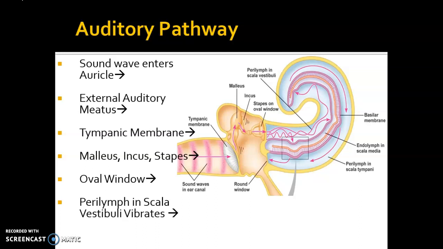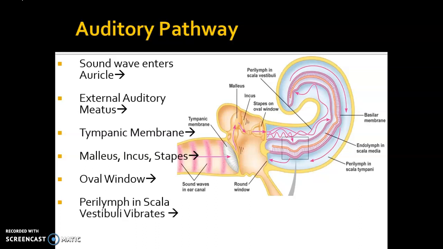So let's focus on the picture. On the left hand side, we see the external auditory meatus. We also see the tympanic membrane, and we see the middle ear. If you look at the middle ear, you see three bones, malleus, incus, and stapes. The middle ear is connected to the pharynx by the eustachian tube that moves inferiorly.